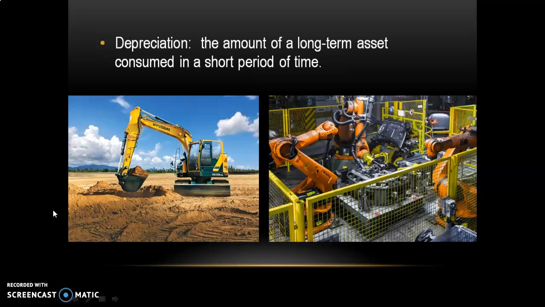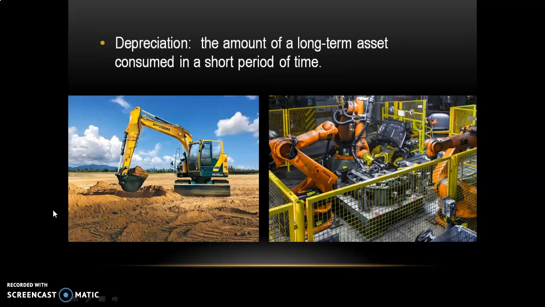That excavator there may cost $150,000, and it probably has an anticipated life of maybe 30 years. So when we buy that excavator, rather than record that entire $150,000 expense at one time, we would divide the cost of that excavator over its anticipated life.